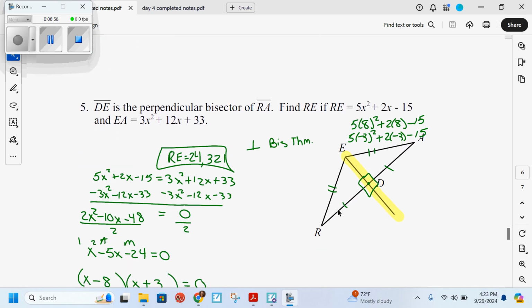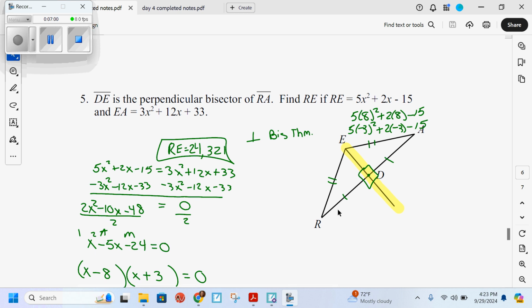So we're using the perpendicular bisector theorem. Since we know that E is on the perpendicular bisector, E is equidistant from R and A, therefore I'm going to set 5x squared plus 2x minus 15 equal to 3x squared plus 12x plus 33.